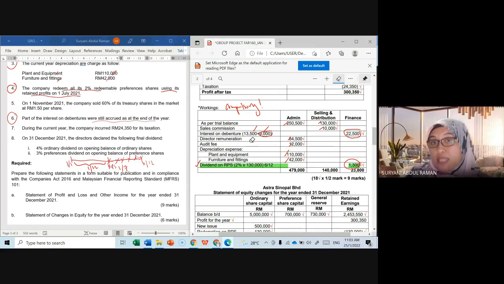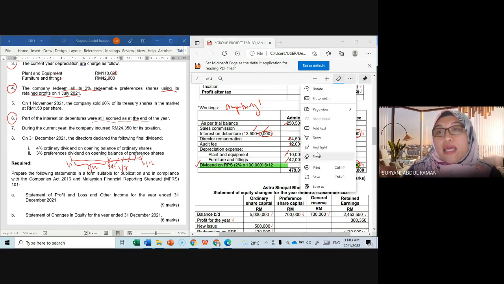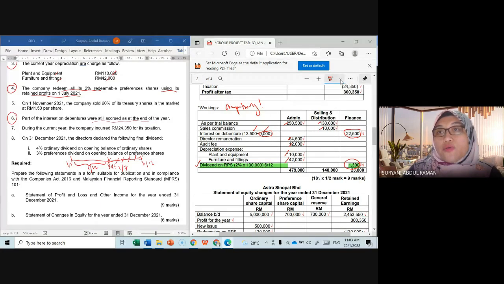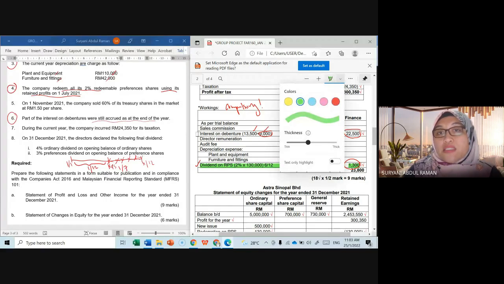That's why I stress the calculation on this. It's not that I stress teaching you, I stress how important it is for you to know this. Okay, these two, class. Most of the others, well done, very good, you did very well. But you miss these two.